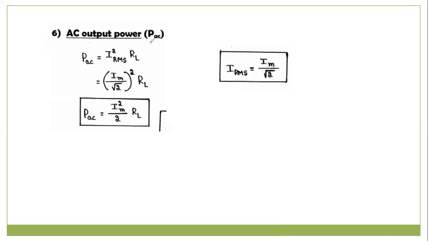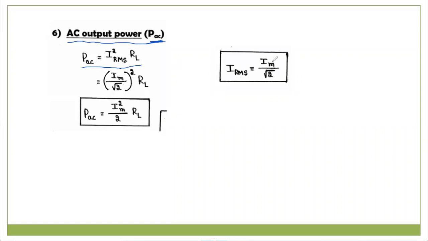That is the AC output power, PAC. PAC is nothing but IRMS square into RL. Just now I told that AC current will be represented with IRMS. What is IRMS? IRMS is nothing but Im by root 2.